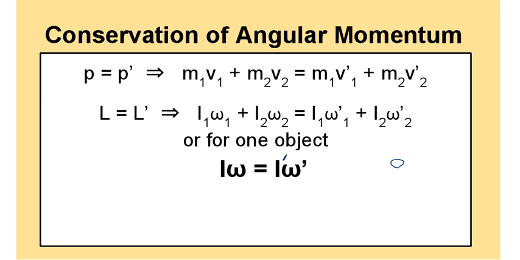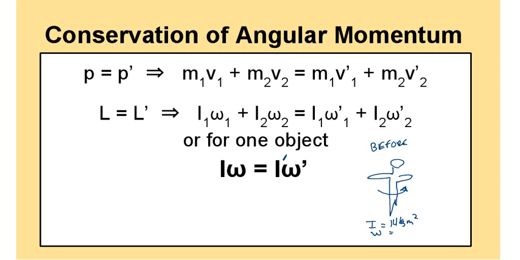Let's say that this is the skater here, and she's got her arms out and she's spinning away. That's a crummy picture. But let's say that initially, before something changes, maybe her moment of inertia is 14 kilogram meters squared. Just made that number up.